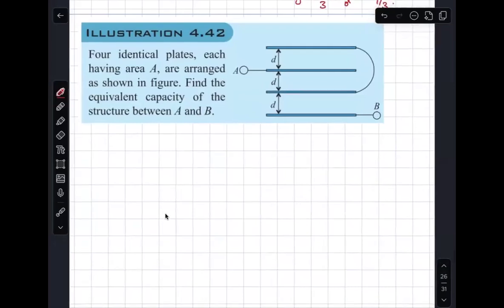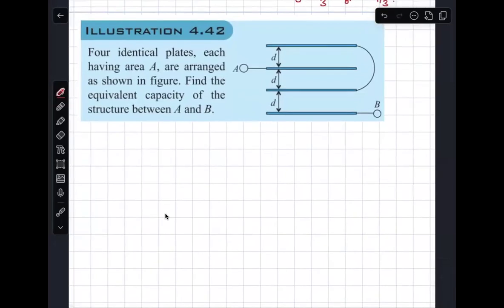Now, this is arranging parallel plates into an equivalent capacitor. This is a very famous one. Mostly with this, the theory is almost done. Only thing required is practice. Now, how to handle problems of this type?